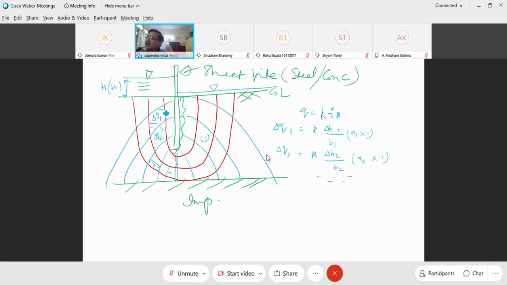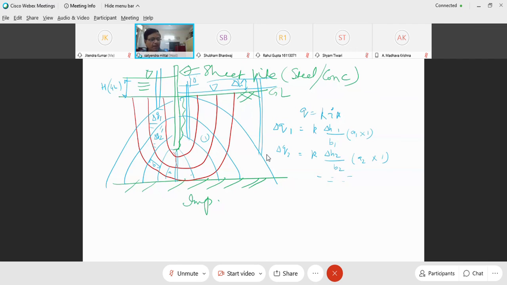If I attach a piezometer here, and then on this one, and then on this one, maybe there is some head loss between this and this, say delta H. From this to this, again there will be delta H. So like this, there is a head loss, which I explained just now. Before this, there will be some loss of head, meaning energy. Because of that only, little quantity of water is standing on the downstream side.